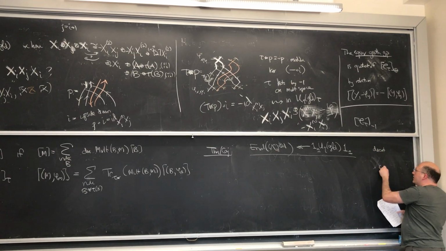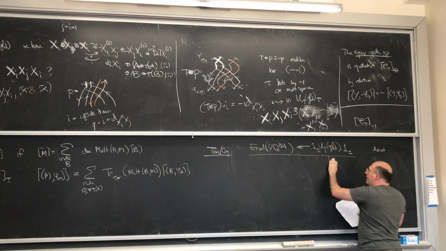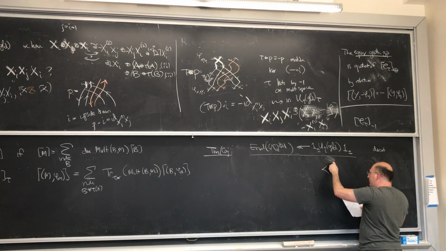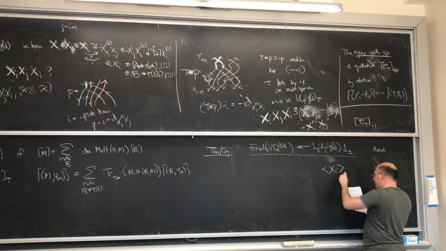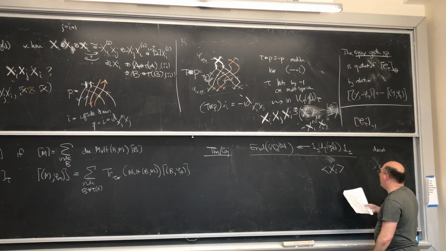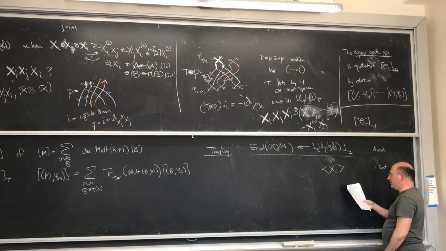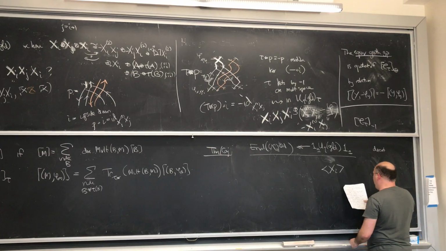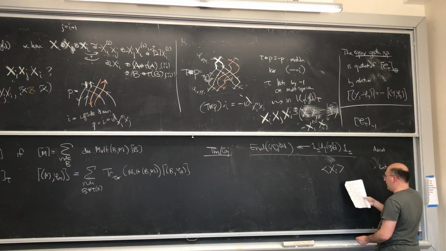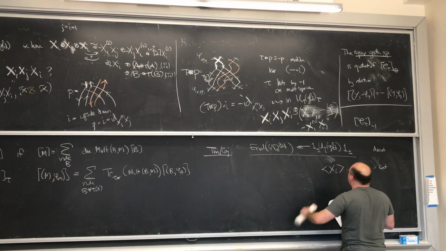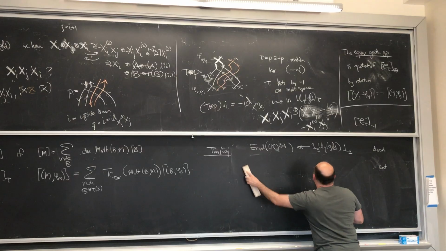Okay. The categorical statement: inside the categorification, I have the subcategory generated by the xi's. This lives inside 1n. What's the best way to say this? Okay, actually no. First, let me talk about Grothendieck groups.